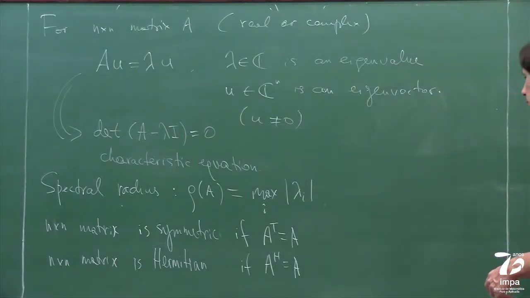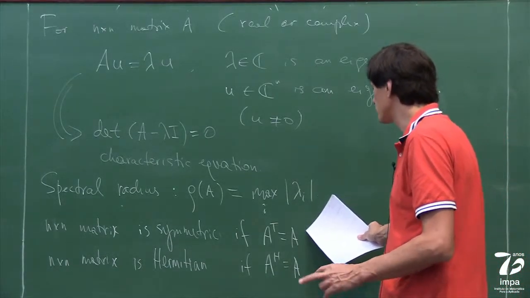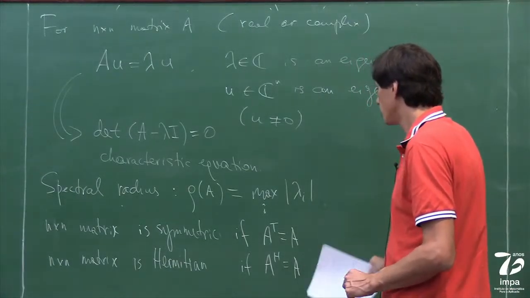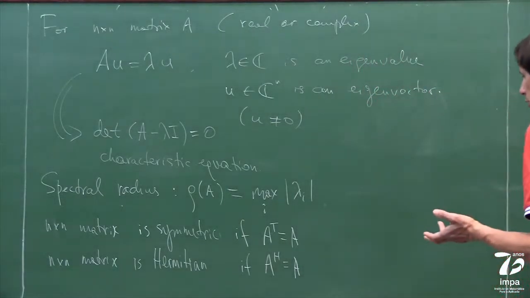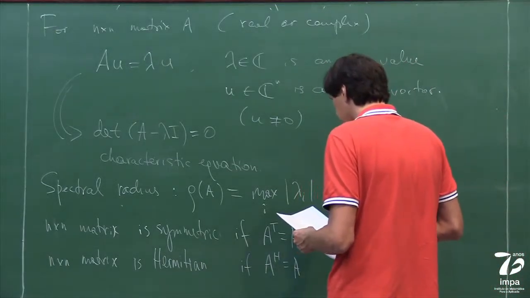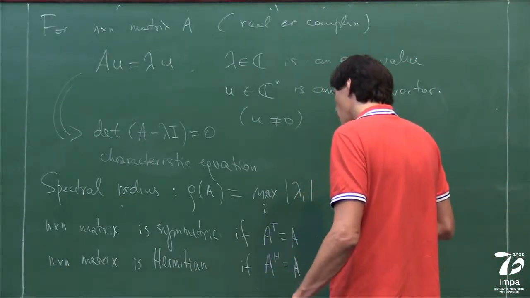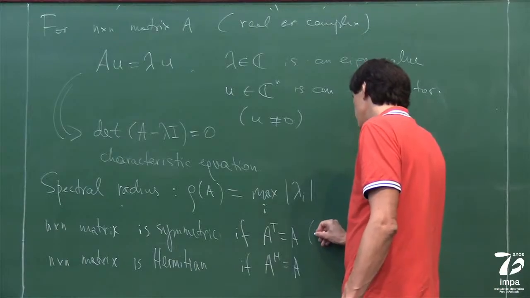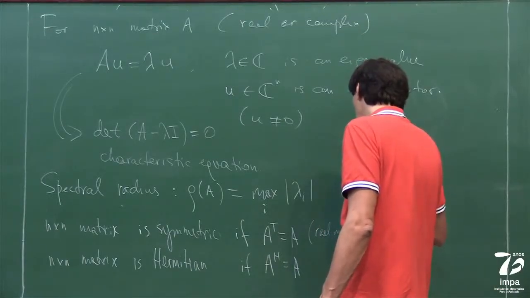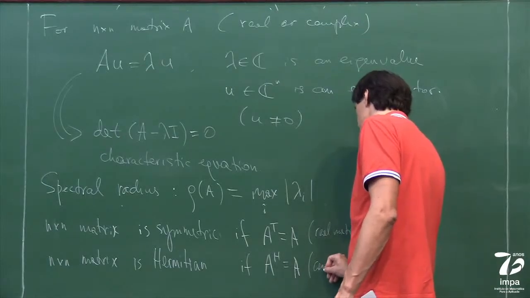So essentially, symmetry can be defined both for complex and real matrices, but usually it's used for real matrices. And whenever you have a complex matrix, usually you use the Hermitian property. So usually this is for real matrices, and this is for complex matrices.